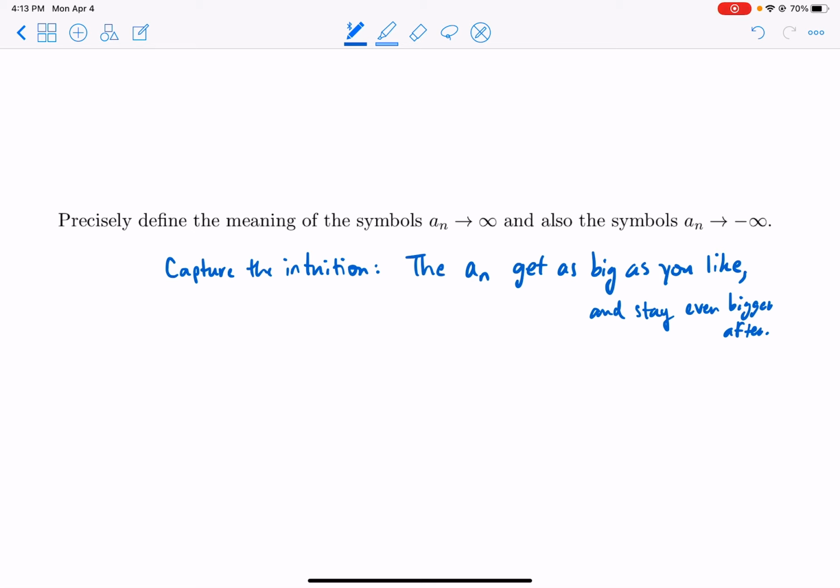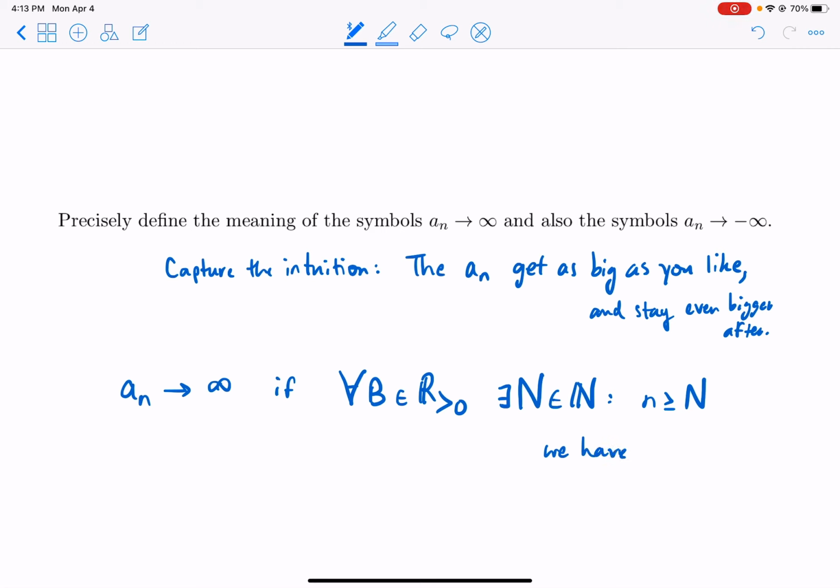Now here it is. We say a sub n goes to infinity if for any big, capital B, for big, I don't know, you can call this whatever you want, for any big positive number, there exists a capital N, an index, such that for all the indices past that capital N, we have... And now you see that the difficulty is we can't really do this, less than d.